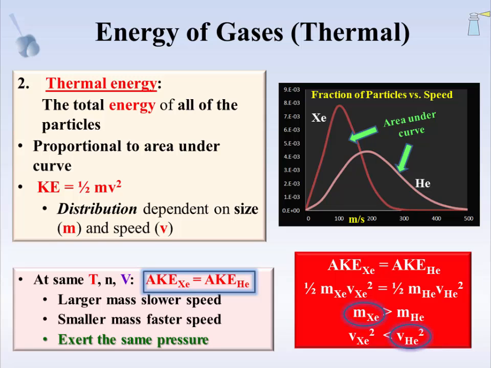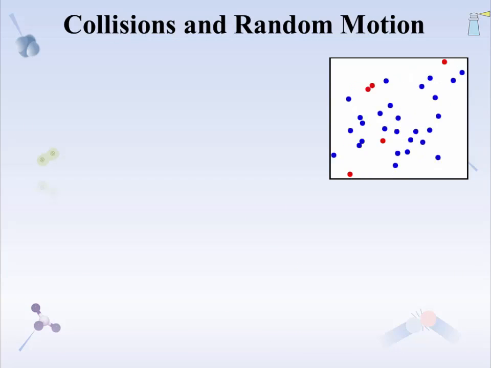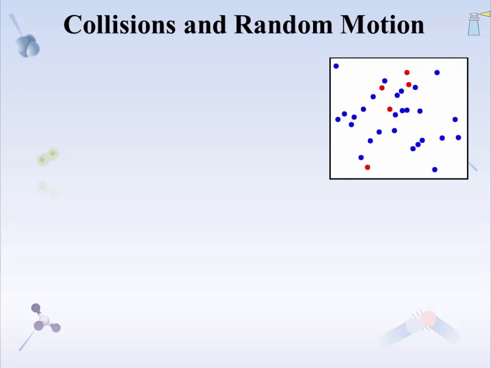That is kind of the take-home lesson here. At the same temperature, with all things being equal, all gases produce the same pressure. Some produce the force by moving faster and making more collisions, and some by moving slower but hitting harder due to being heavier. We can take this new understanding and revisit collisions.